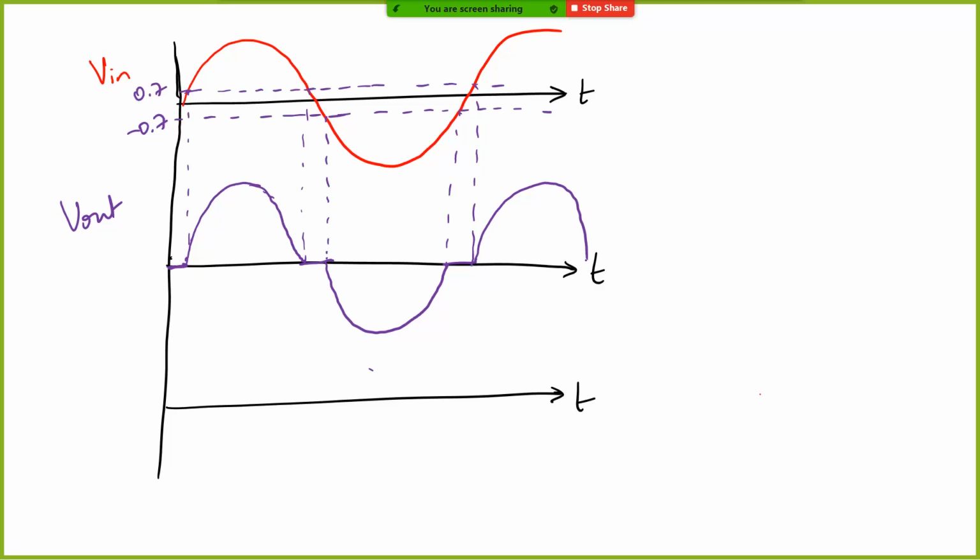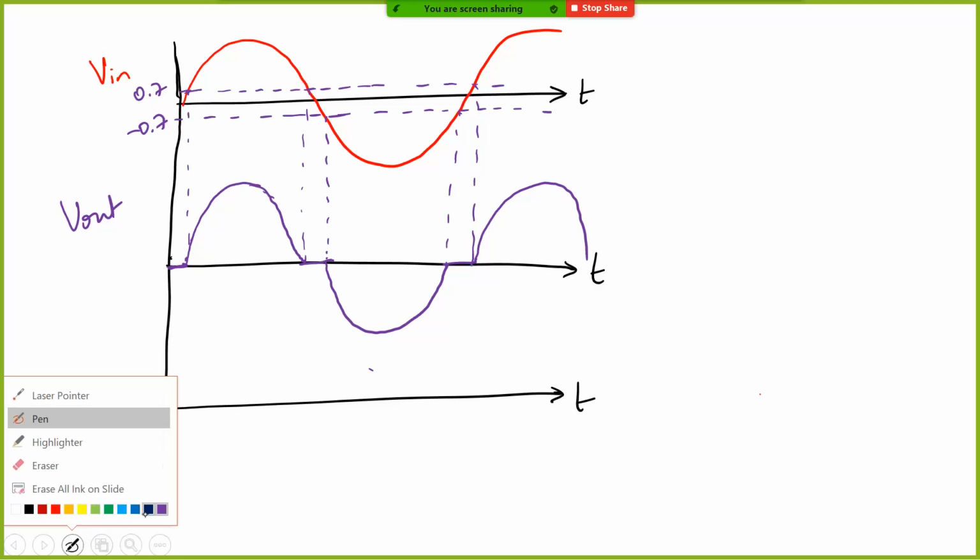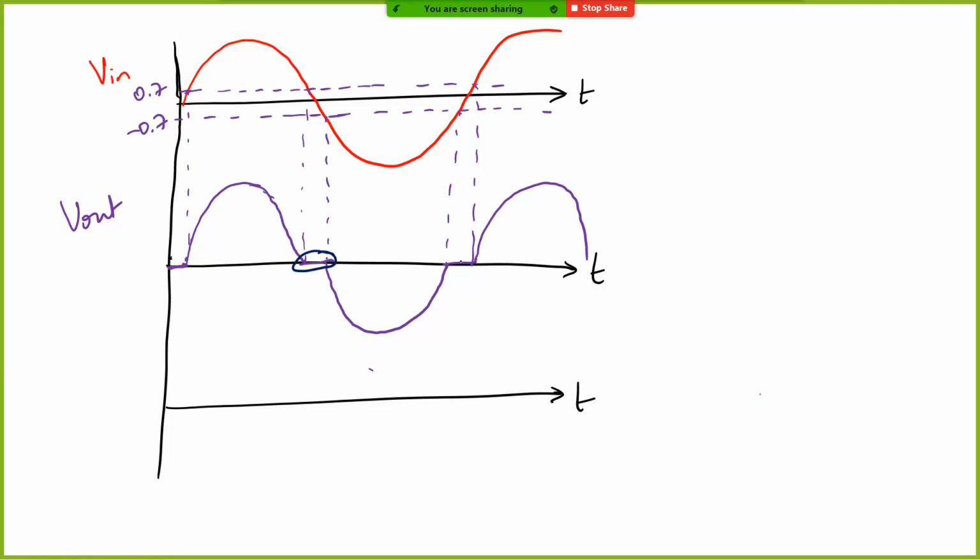Now if you look at the output signal, you see that this is no longer a proper sine wave. It has some unwanted characteristics. This particular region, where the output voltage is 0 when it is not supposed to be, is what is called crossover distortion.